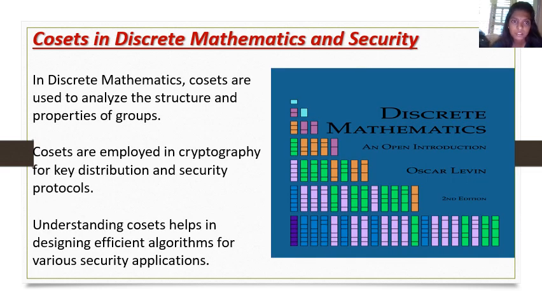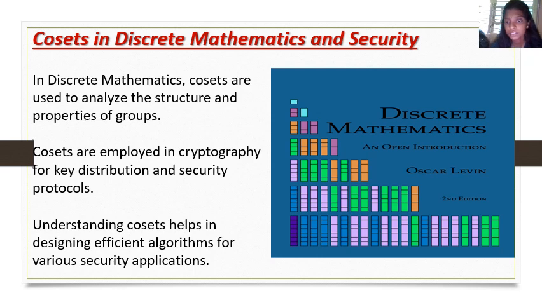Next is cosets in discrete mathematics and security. In discrete mathematics, cosets are used to analyze the structure and properties of groups. Cosets are employed in cryptography for key distribution and security protocols. Understanding cosets helps in designing efficient algorithms for various security applications.